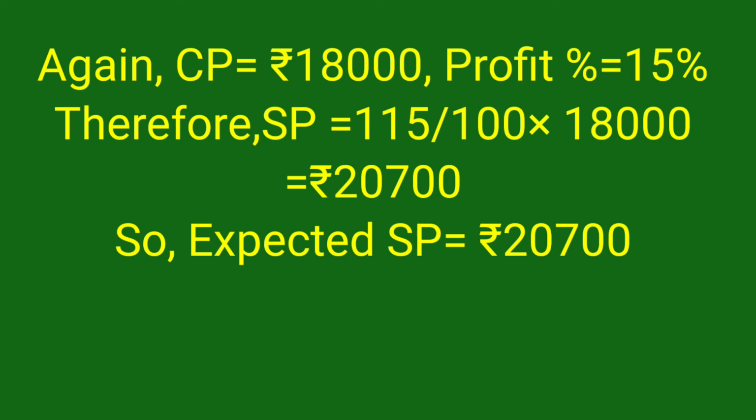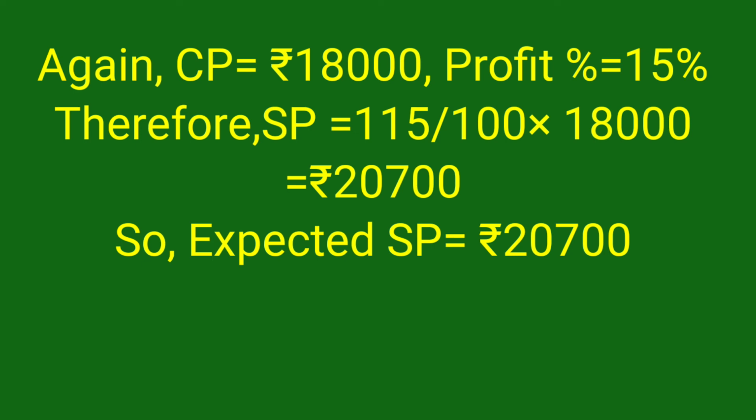Again this CP is equal to 18,000 rupees. So you wanted to make 15% profit. Therefore SP equals 115 by 100, that means inclusive of the profit, 100 plus 15, that is 115 into 18,000.